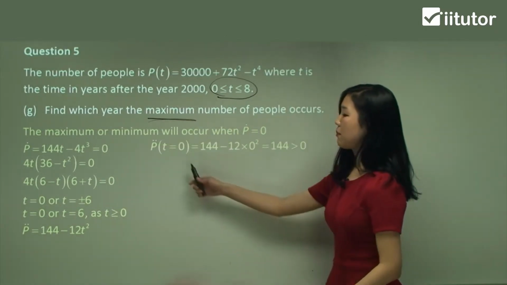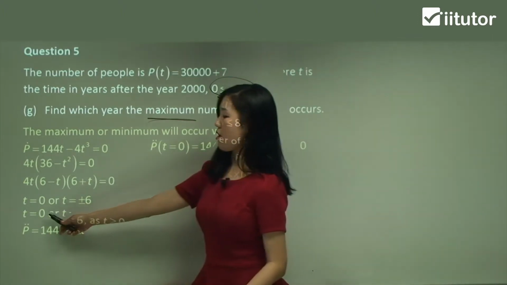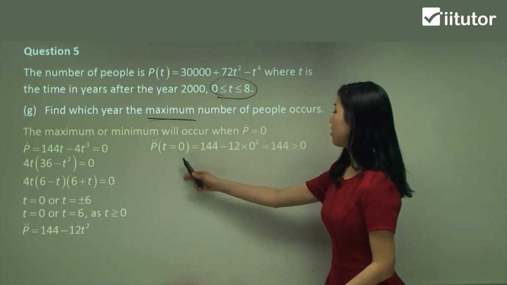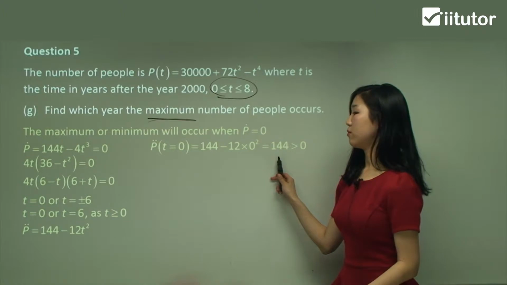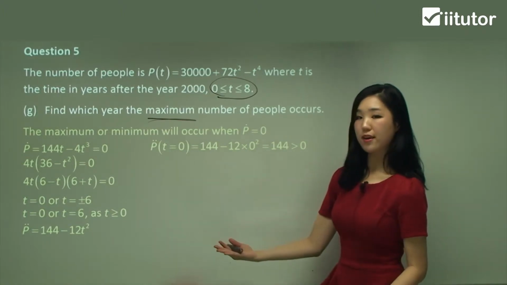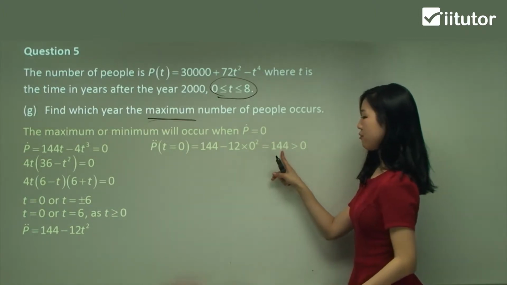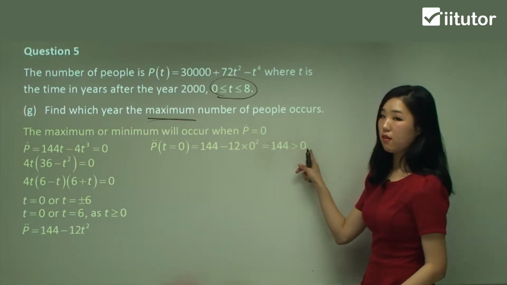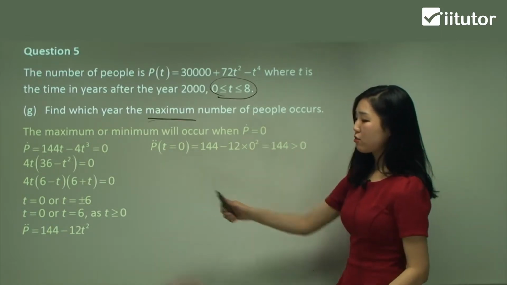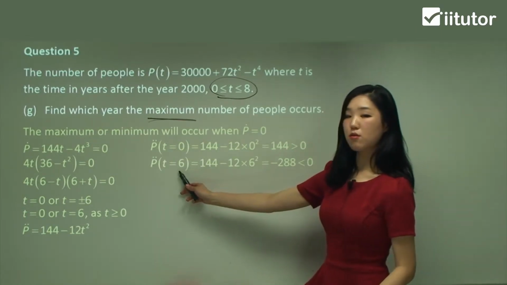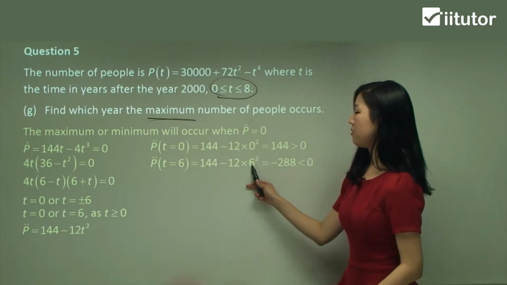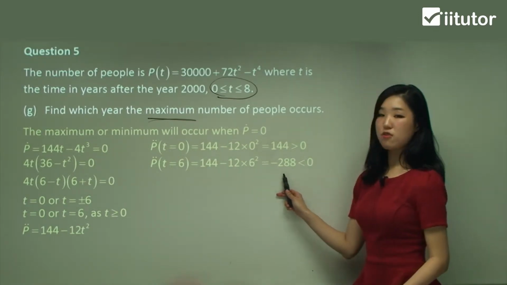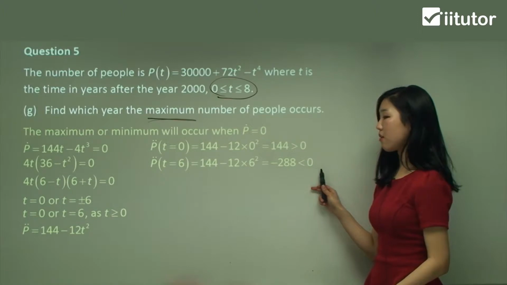And I'm going to sub in T equals 0, which is my first value of T, and I get 144. So just sub in 0, you can do your own calculation and you should get 144. Now that's greater than 0. Now let's try T equals 6. When I sub in T equals 6, I get negative 288, which is less than 0.